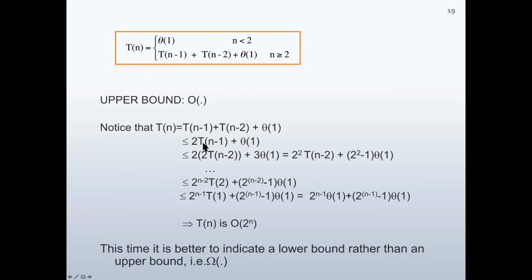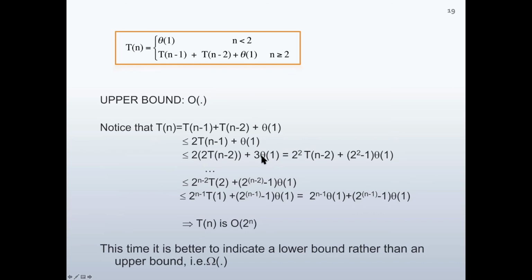If we replace this part with T(n minus 2), we have to write here 2 times T(n minus 2) plus theta 1, and it is multiplied by 2, and when added to theta 1, we will have here 3 times theta 1.